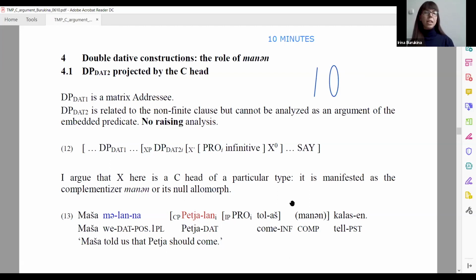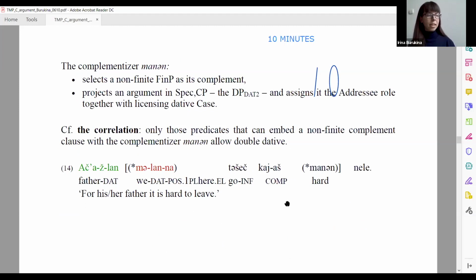So this analysis immediately allows us to explain this very nice correlation that we see in Mari. Only those predicates that can embed a non-finite complement clause with the complementizer manen allow the double dative construction. So for example, we also have predicates like nele, heart. I apologize for the misalignment here.